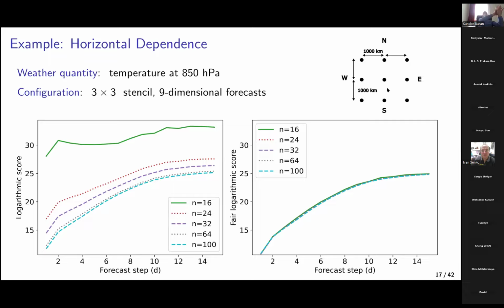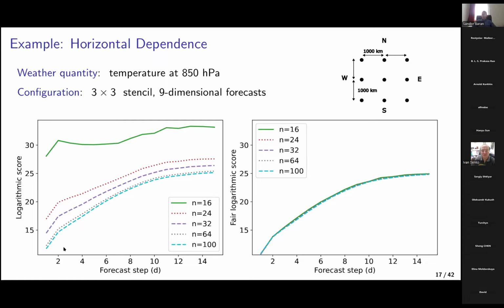Then we shifted by one grid point, 1.5 degrees, got a new 9-dimensional forecast, and calculated the score. Then we shifted once again. What you see in the figures are the mean scores for all stencils and for all 90 days, September, October, November, which we had.